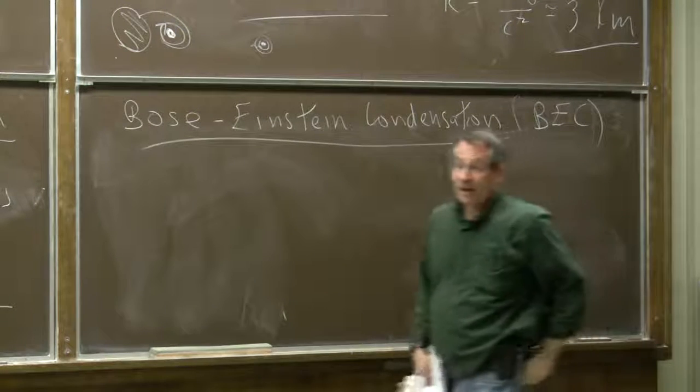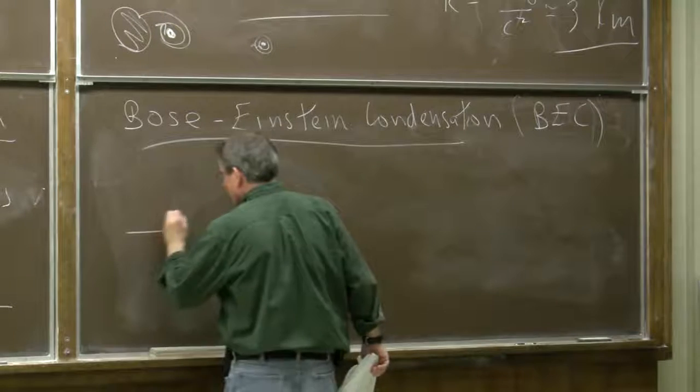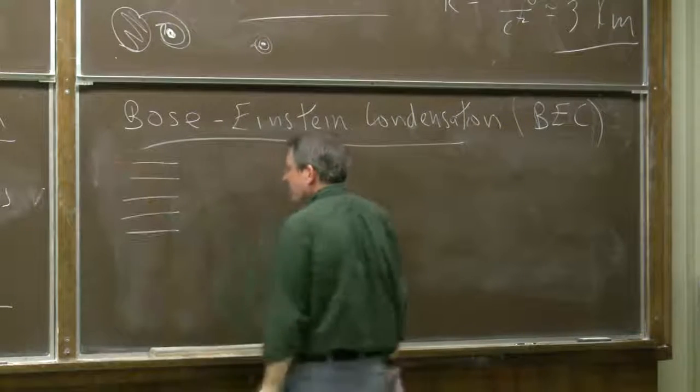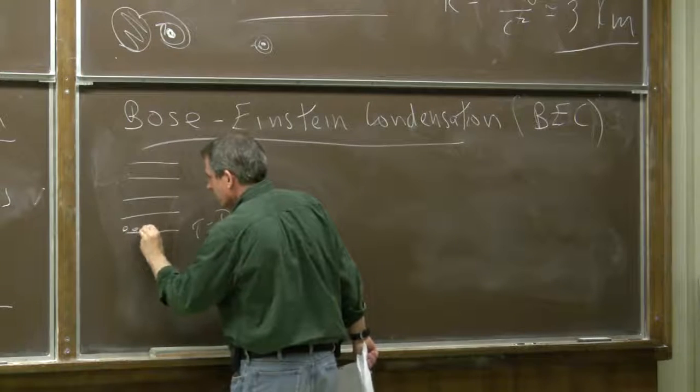Now we're talking about a nearly degenerate Bose gas. Okay, well, we talked about a degenerate Bose gas. That was pretty easy. We have a bunch of orbitals, and at strictly zero temperature, every particle will be in the lowest energy orbital.